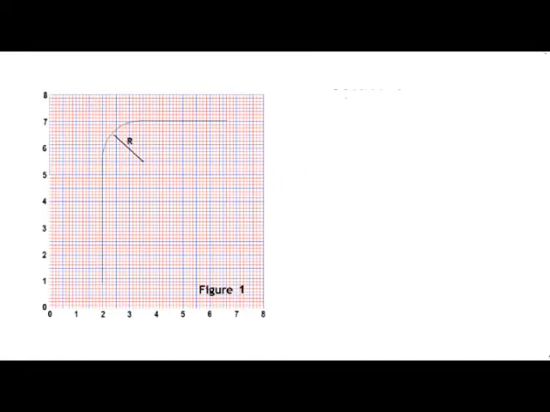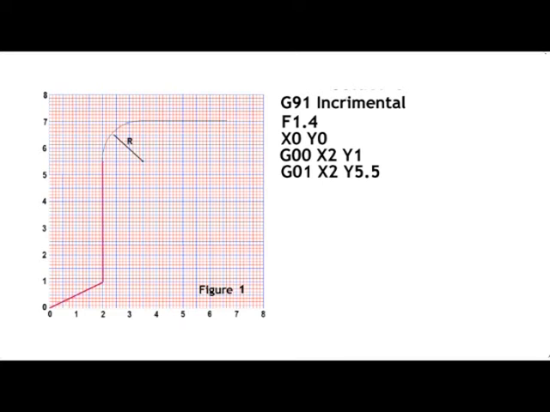In the incremental block, we use G91. Figure 1, we will go to G01, X2.0, Y1.0 to begin the cut, and cut to X2, Y5.5. The arc will be clockwise, so we will write the block as G02, X3.5, Y7.